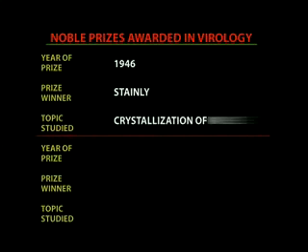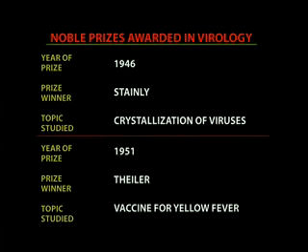However, in the dynamic and rapidly progressing field of virology, today's discovery is tomorrow's history. And to enthuse your young minds, I would concentrate on 9 great Nobel laureates whose contribution in the field of virology, working on different aspects of viruses, has been duly rewarded with the Nobel Prizes. I will mention them sequentially for the information. In 1946, Stanley was given it for crystallization of viruses.